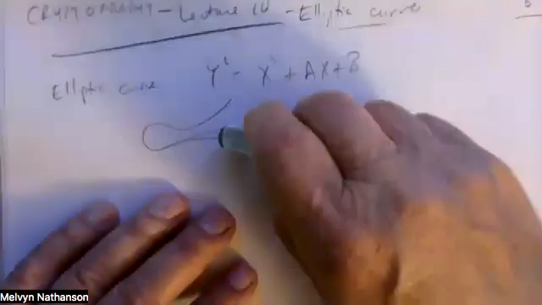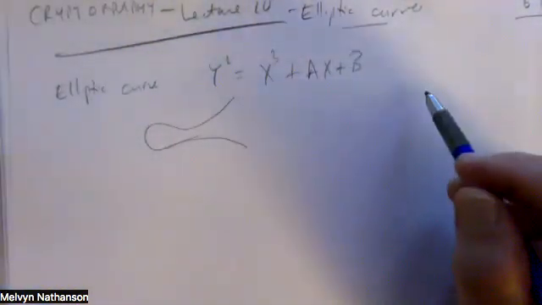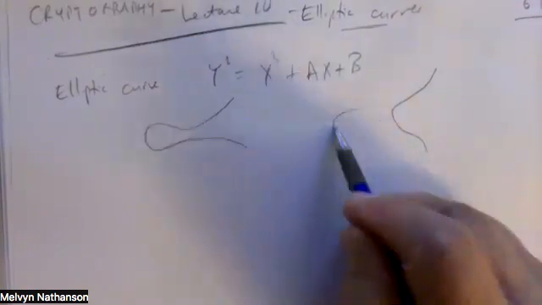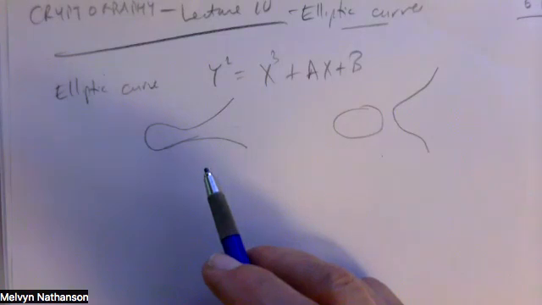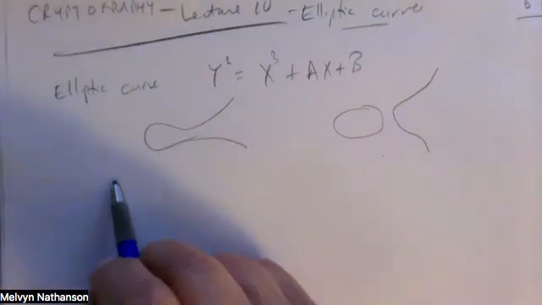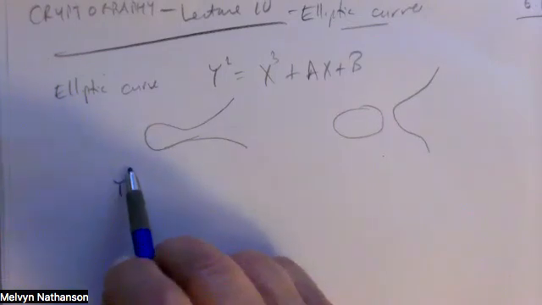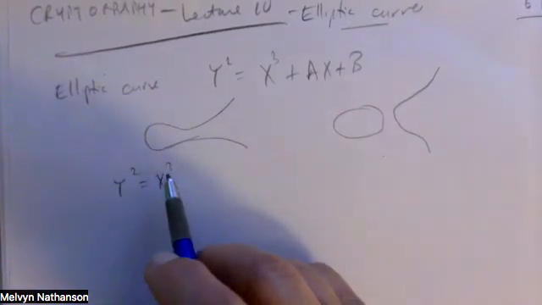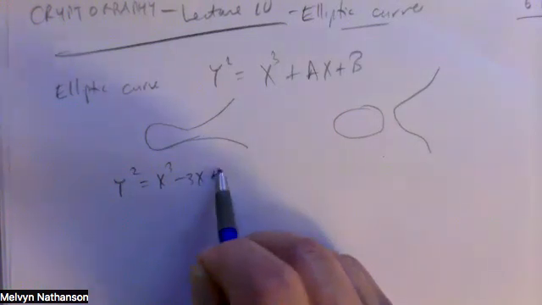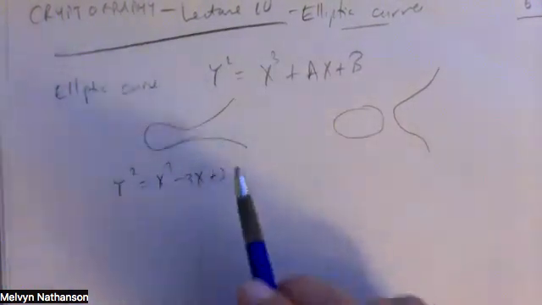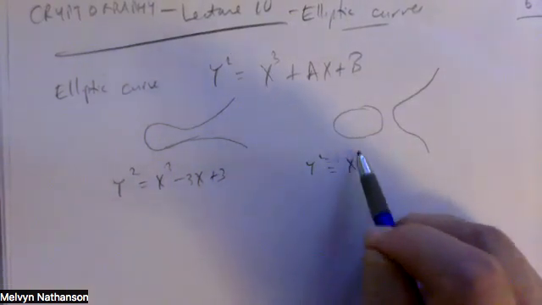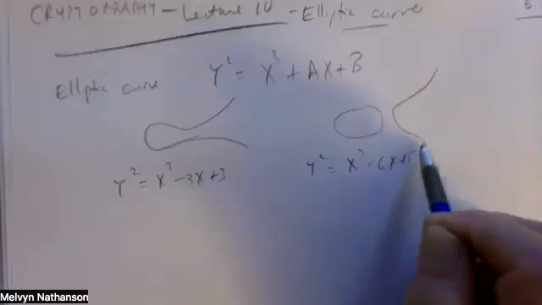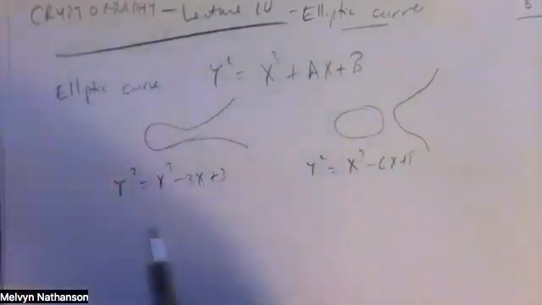And in the other case, it might have two components and look like that. So in the examples given in the text, the elliptic curve y squared equals x cubed minus 3x plus 3 gives a curve that looks like that. y squared equals x cubed minus 6x plus 5 gives a curve that looks like this.